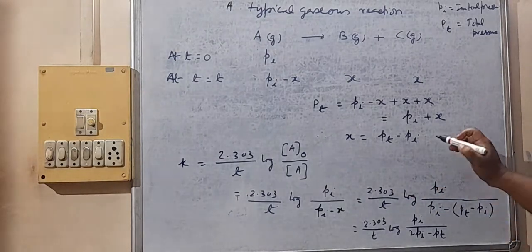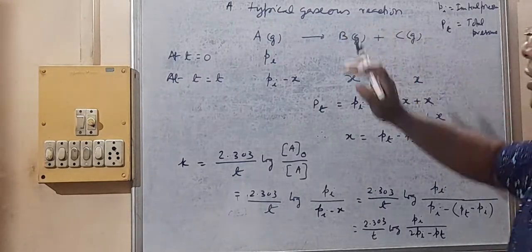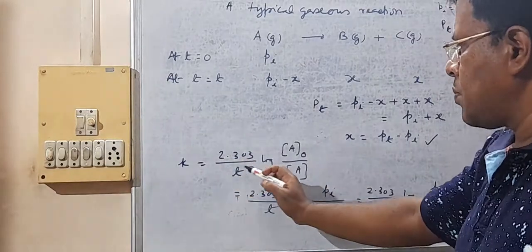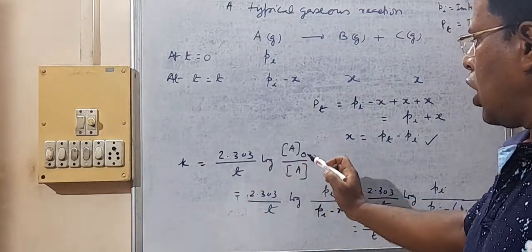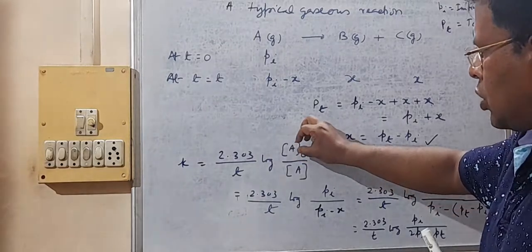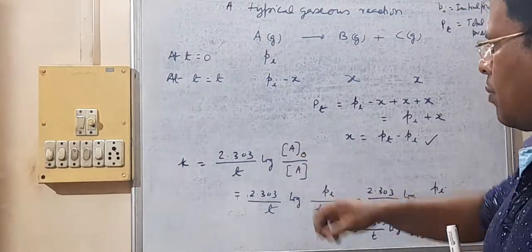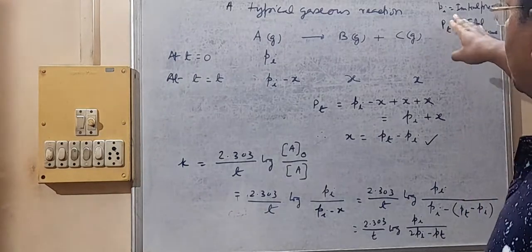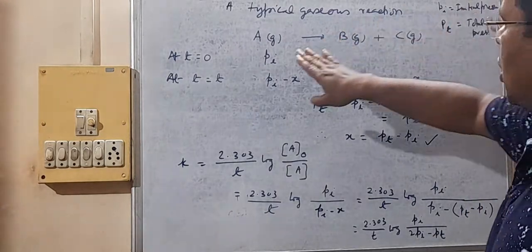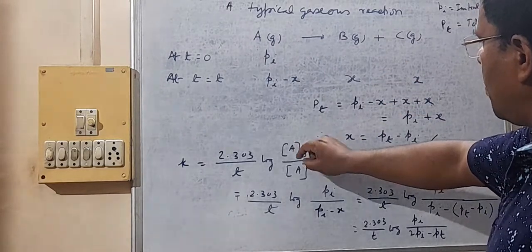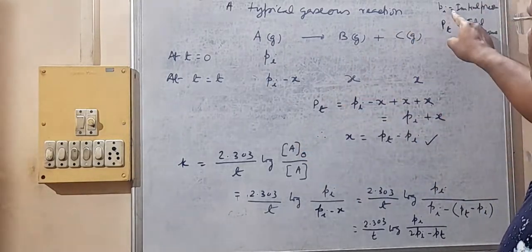Now, if this is a first order reaction, we can write this expression log A naught by A, where A naught is the initial concentration and A is the concentration at time t. Since Pi is the initial pressure, A naught will be directly proportional to Pi.